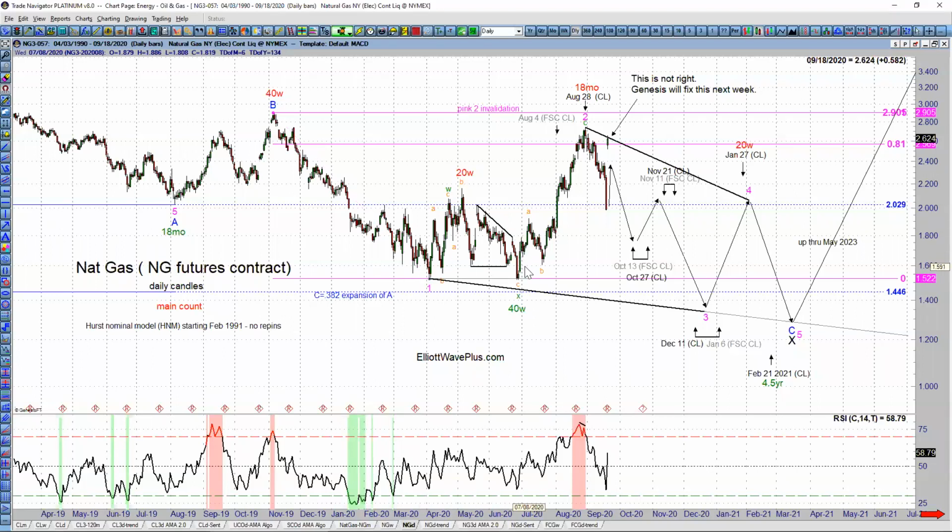That is just a weird looking 5-wave structure, really strange. It doesn't look right, and then it didn't act right as far as the 5th wave.